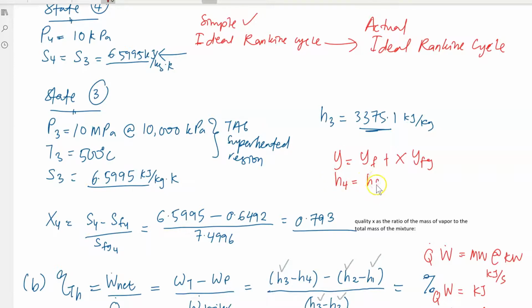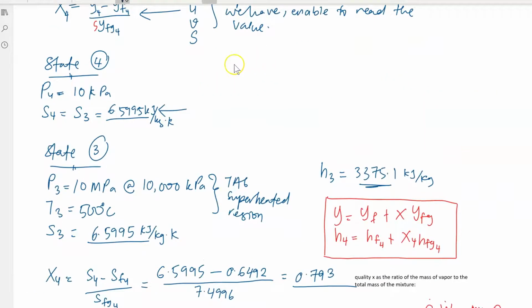So this is going to be HF at 4 plus your X4 HFG at 4. Based on table A5, again because the pressure is given, H4 is equal to HF4 plus X4 HFG4.